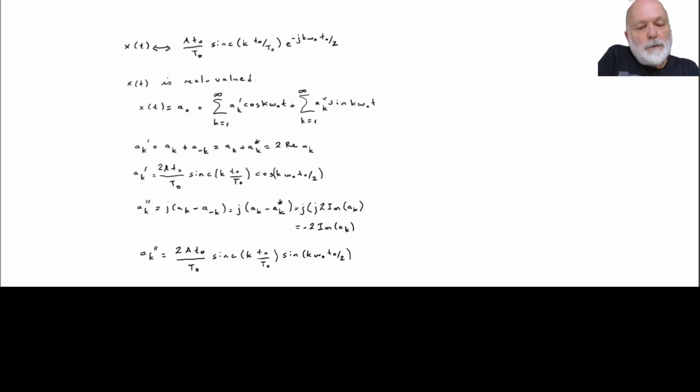For example, ak prime can be calculated as 2 over T0 times the integral over a period. For example, we can integrate from 0 to T0, x of t cosine k omega 0 t with respect to t.